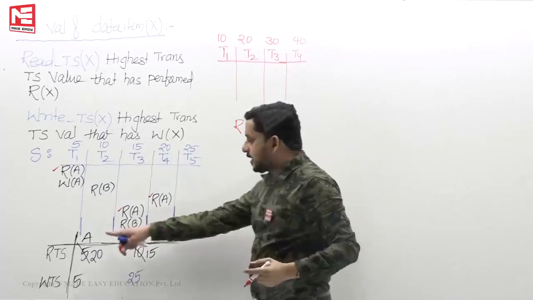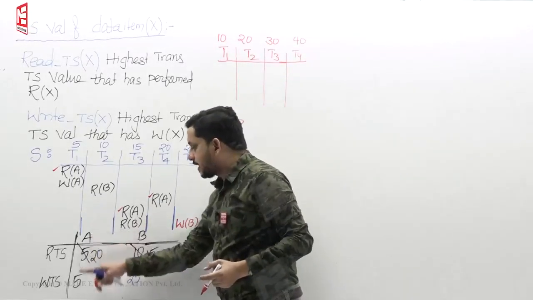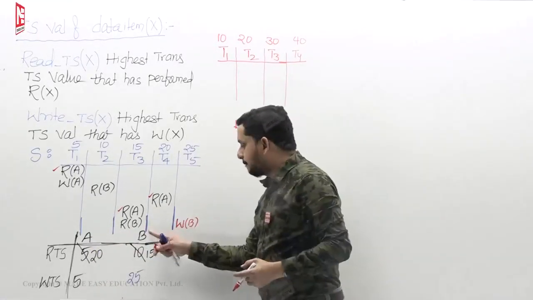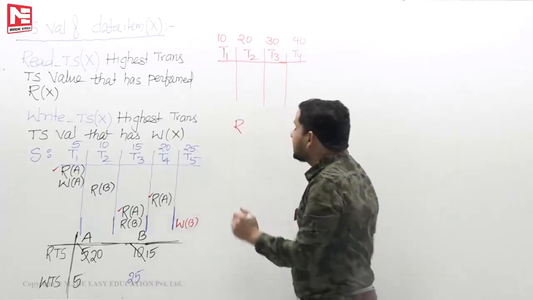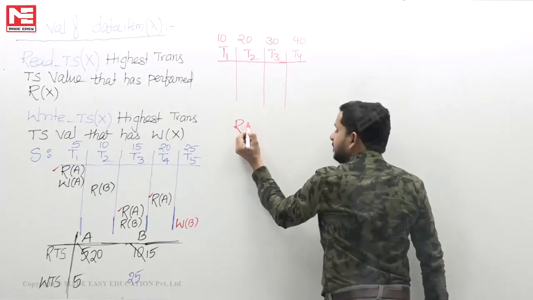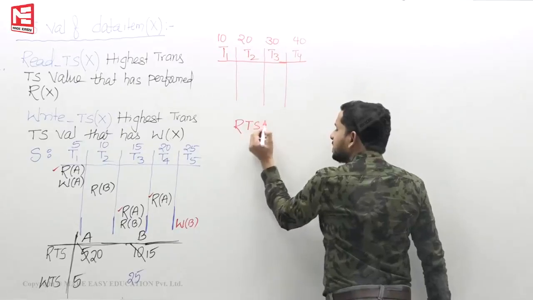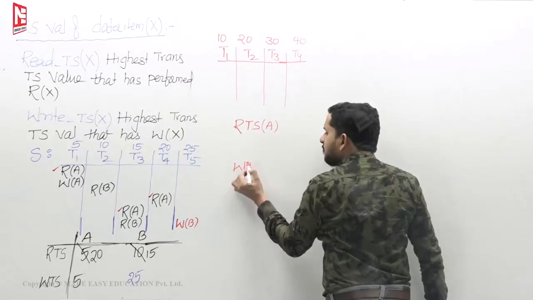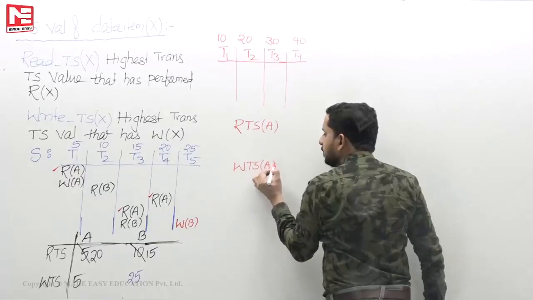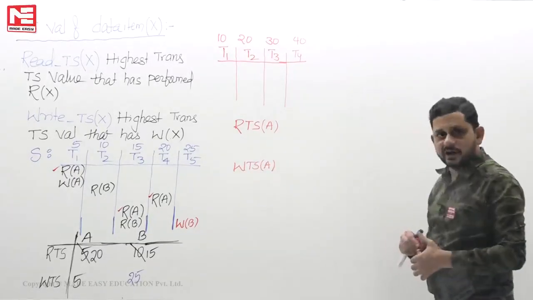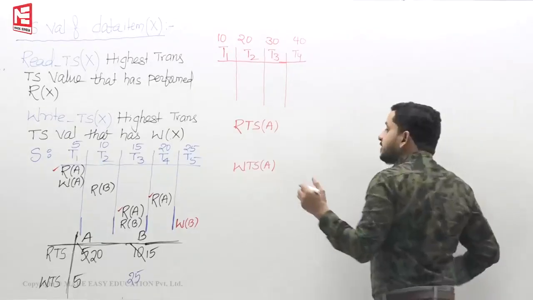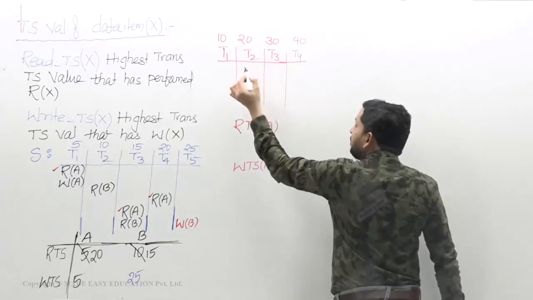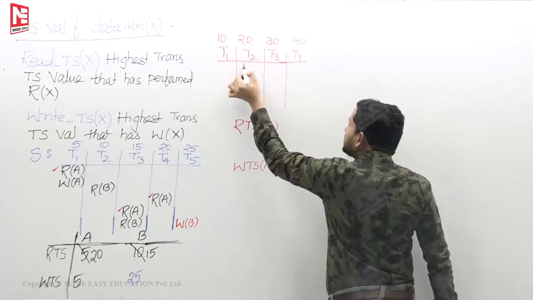If there is more than one data item, we would have A read timestamp, A write timestamp, B read timestamp, B write timestamp. Let us assume one single data item, with a read timestamp value of data item A and a write timestamp value of data item A. Only one data item is considered. Got it?